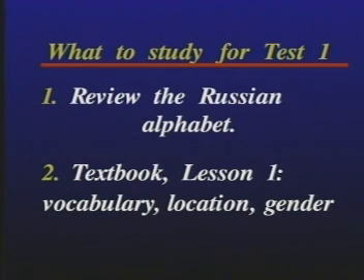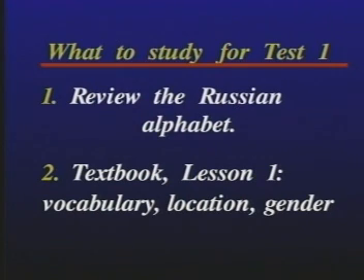So, sit down with your textbook and review урок номер 1. Now you are ready for test number 1. Контрольная работа номер 1. And now let me show you what exactly you have to study for контрольная работа номер 1, test number 1. You need to review the Russian alphabet.